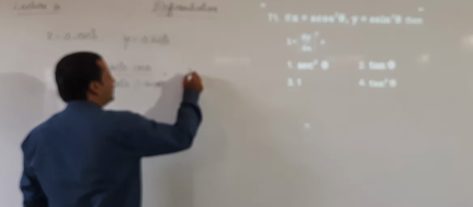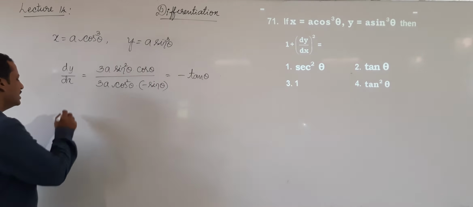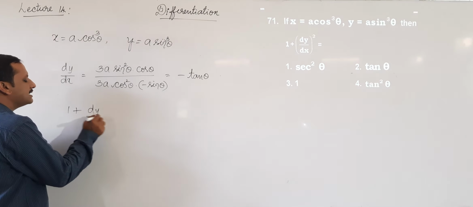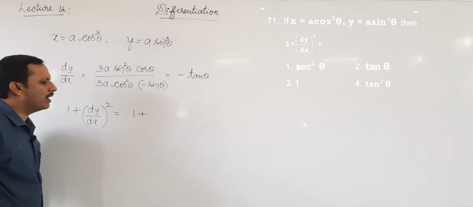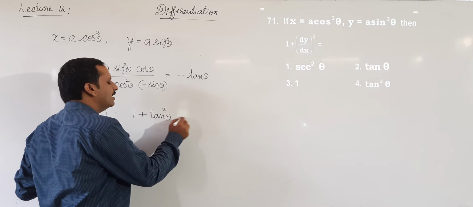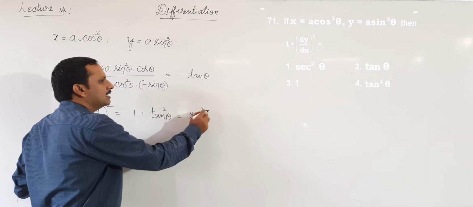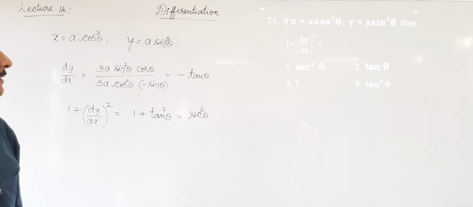You are left with minus tan theta. This is dy by dx. We want 1 plus dy by dx whole square, that's equal to 1 plus minus tan theta whole square, which is 1 plus tan square theta, equal to secant square theta, which is the first option.